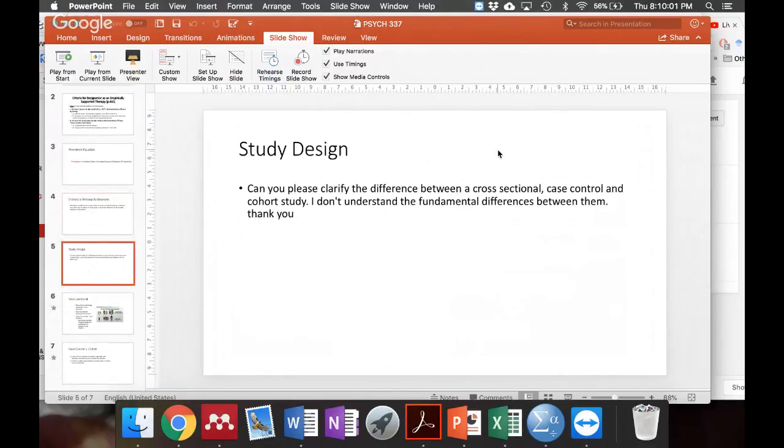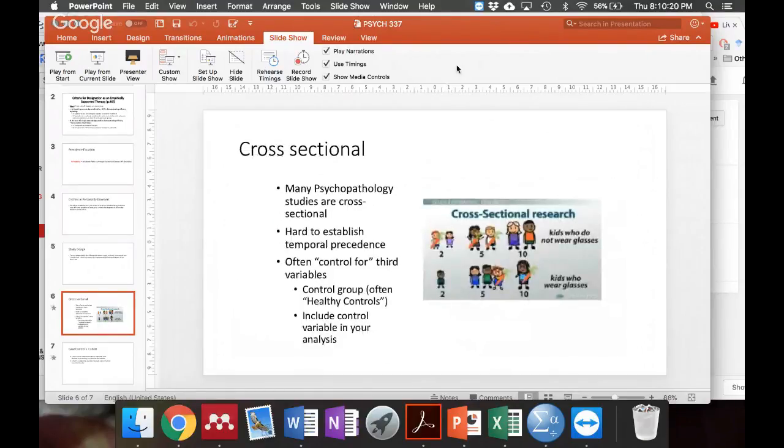Okay, and the last question that she didn't get to was about different types of studies. So clarifying the difference between cross-sectional, case control, and cohort studies. I don't understand the fundamental differences between them. So cross-sectional studies, as we talked about in class, there are many studies like this that study psychopathology.